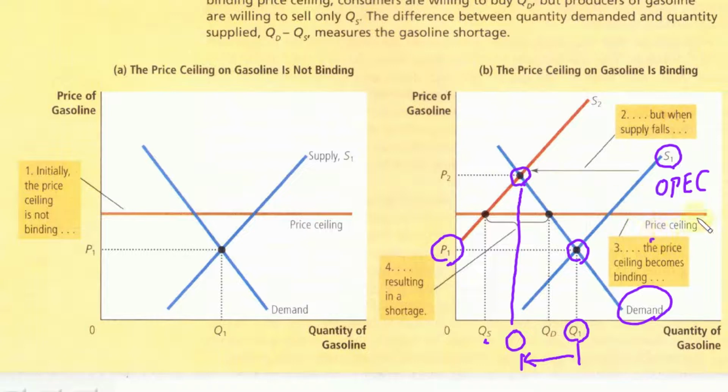Then the supplier's price has to come down to this price ceiling. Okay, like this. Then, as you can see here, the price goes down, not vertically, but along this line.